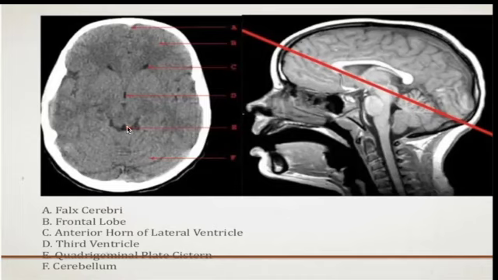And F, again look at the red line, is at the cerebellum. And most posteriorly here, we can see the occipital lobe, since the red line starts visualizing the occipital lobe at this part.